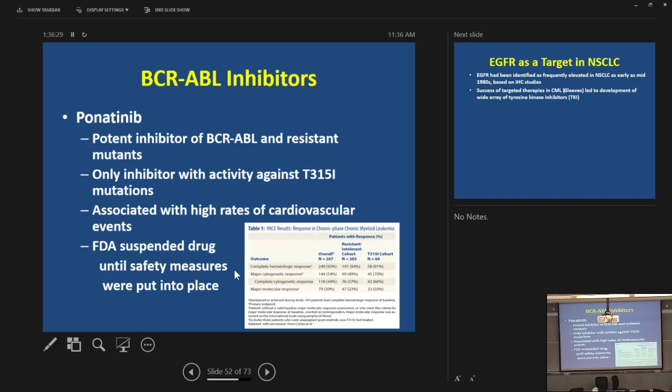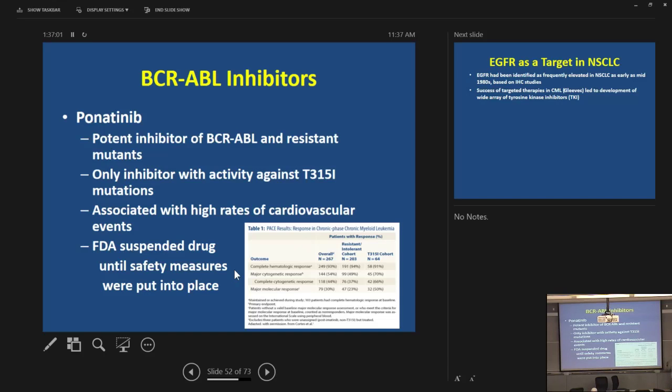When it first came out on the market, it had lots and lots of toxicity. It had all these cardiovascular events, narrowing of the blood vessels to the heart, all sorts of things. So the FDA eventually suspended the drug from use until they figured out what was going on and how they could educate people to use it more appropriately. Then they put a REMS program on it and put it back on the market, about 2015 or so.